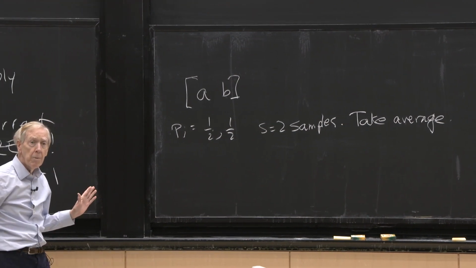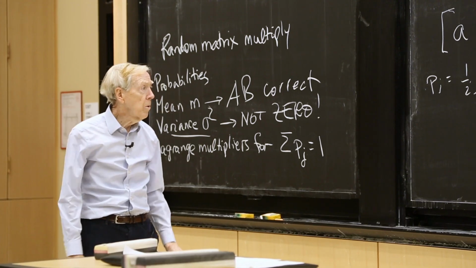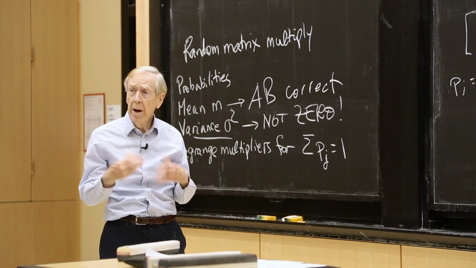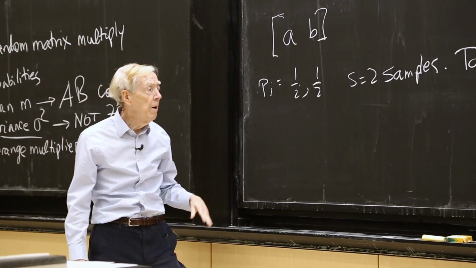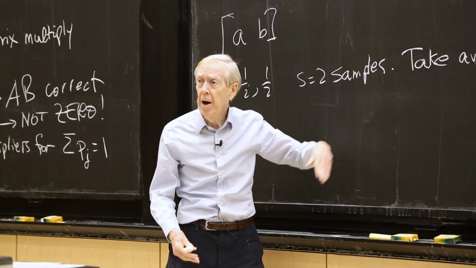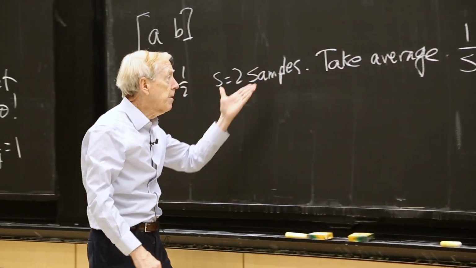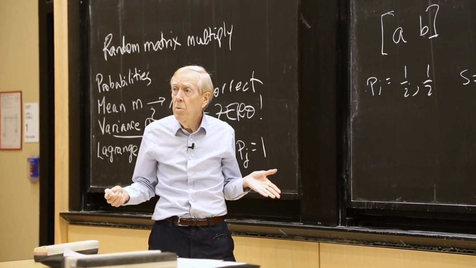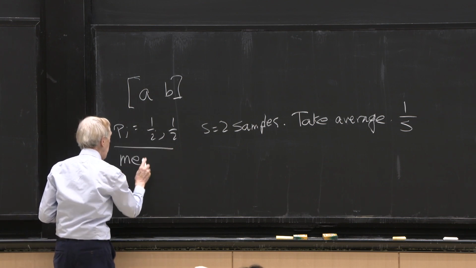And that will be my randomized matrix. Okay, so could we compute the mean for this? I've described a randomized sampling process. I've given you the probabilities, half and half, the number of times I'm going to do it, and then I divide by that number of times. So I have a 1 over S here because I've got S of these. And now, what are the possibilities here? I want to find the mean. First of all, let's practice with the mean.